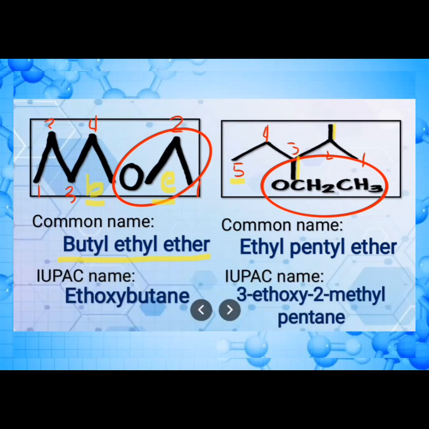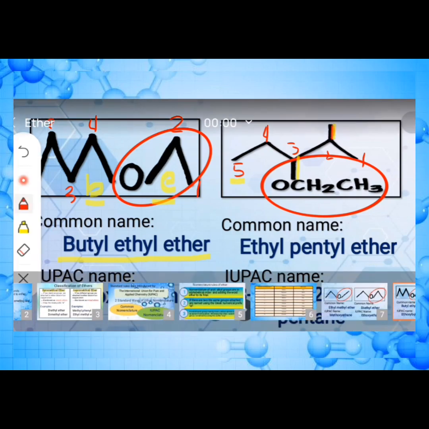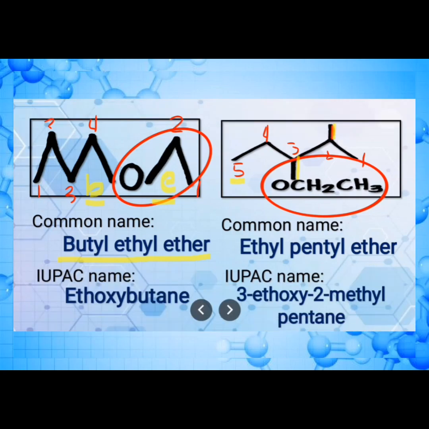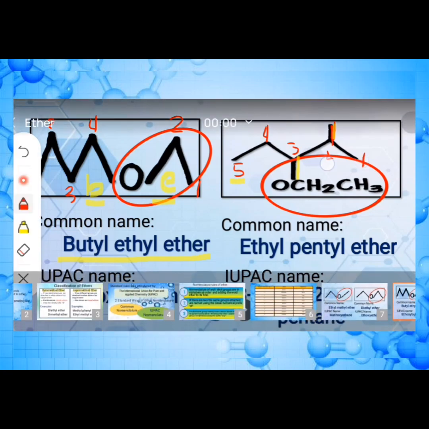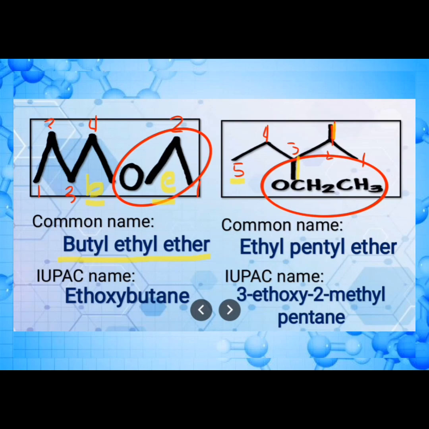And the 2-methyl is connected here to another compound. Since there are 2 carbons, 1 and 2, it is 2-methyl pentane, and pentane refers to 5 carbons.